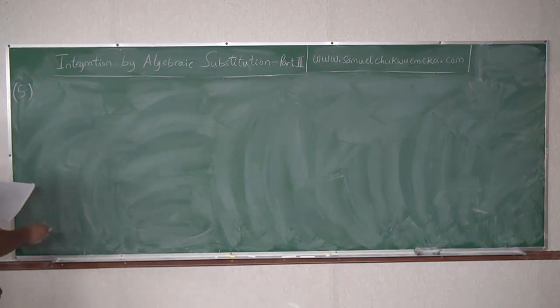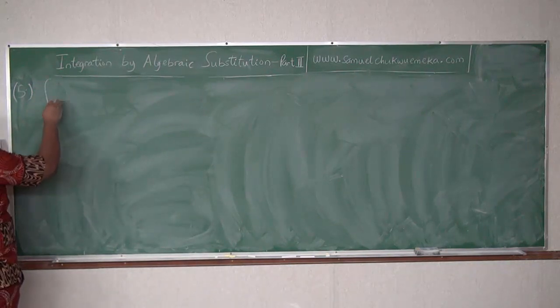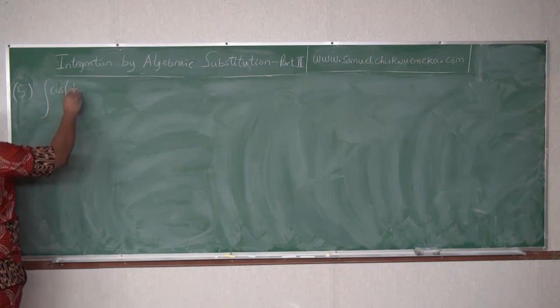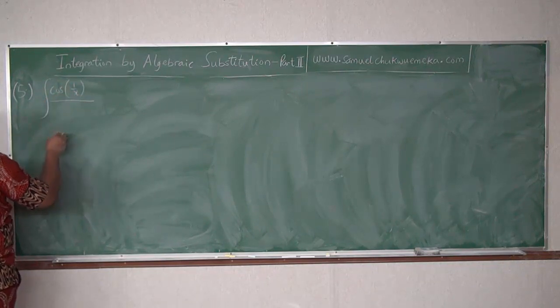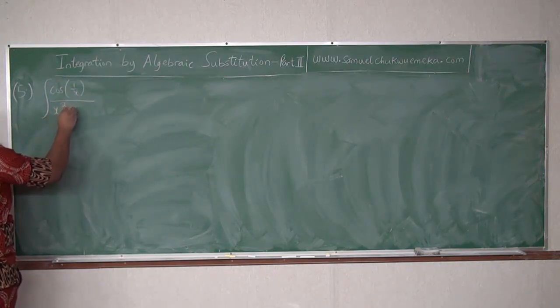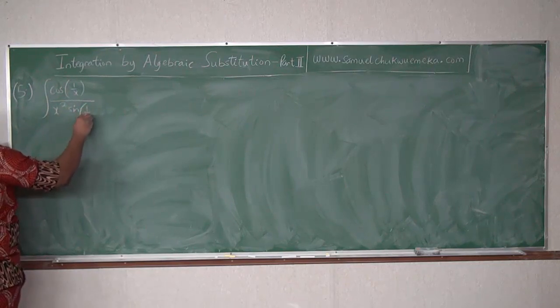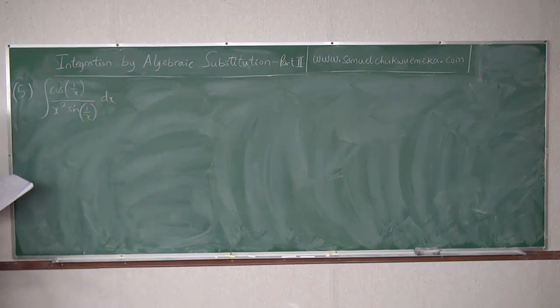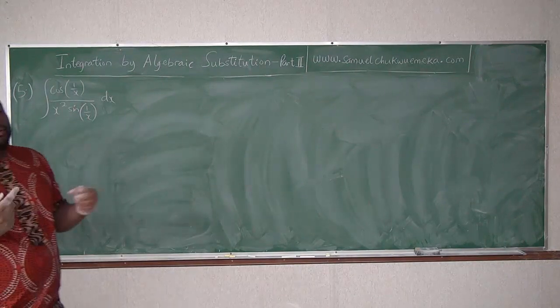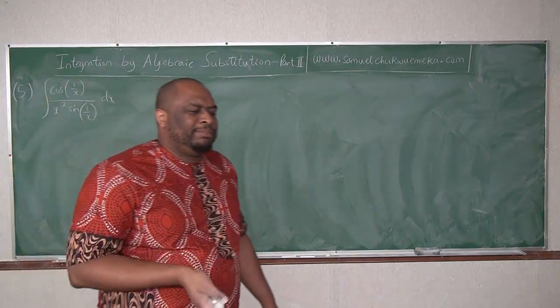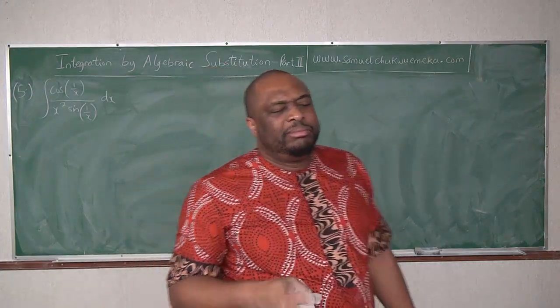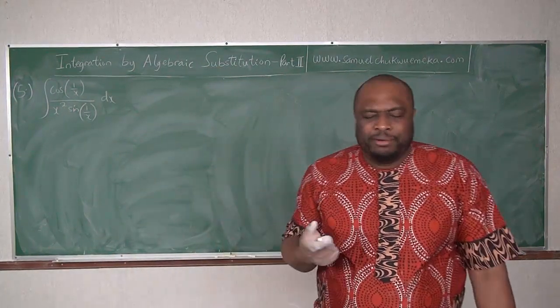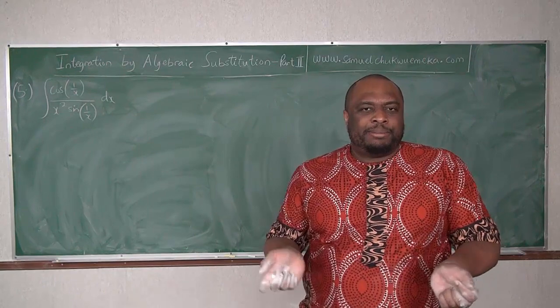Let's see whether we can do some trig. Integral of cos 1 over x all over x squared sine 1 over x dx. With trig, with exponential, with logarithm, you can do several of them by algebraic substitution.